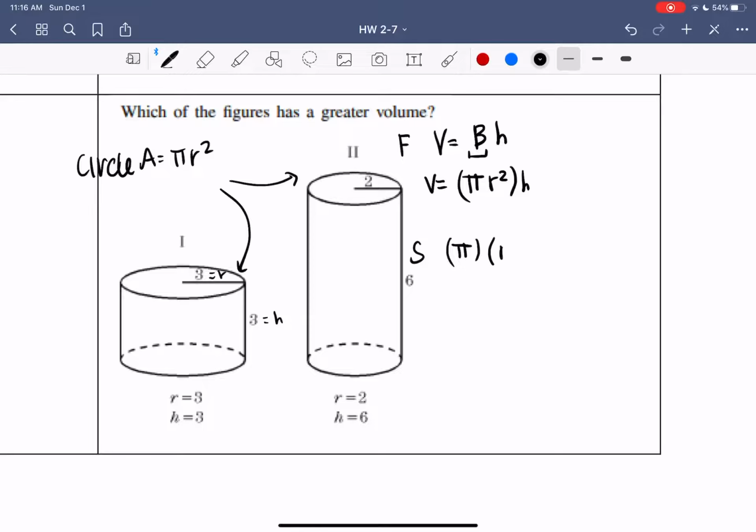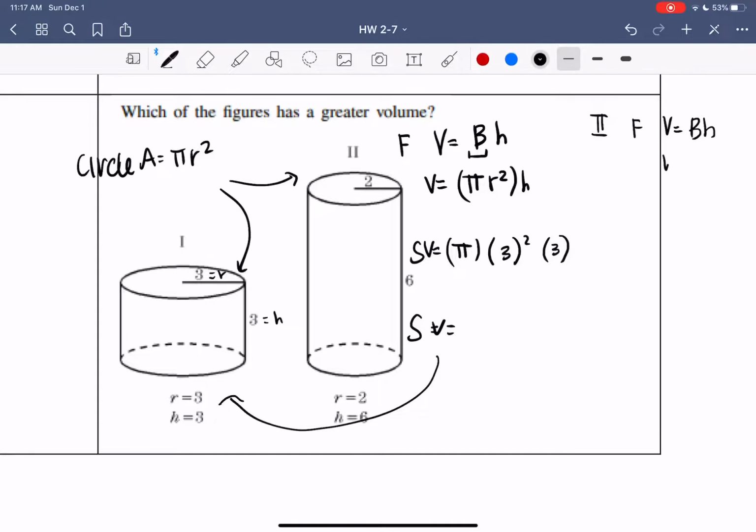times 3 squared, and then times 3. So when you solve that, you'll get your volume. So that's for this one right here. And our next one, for the second one, we have our formula is the same.